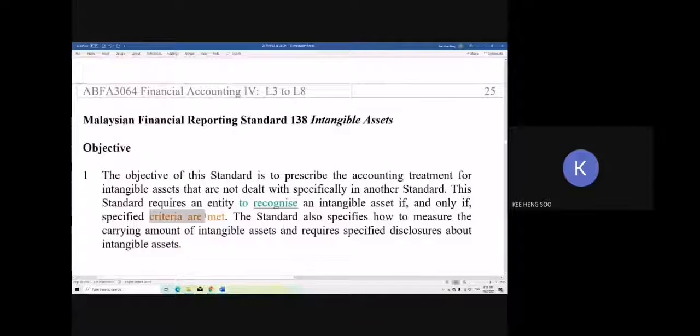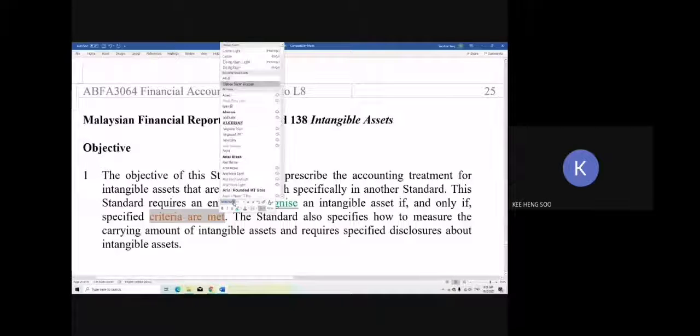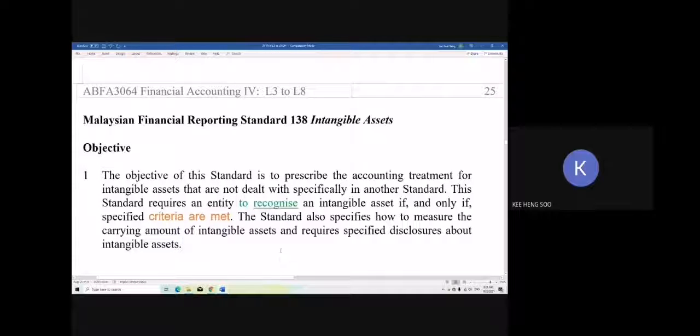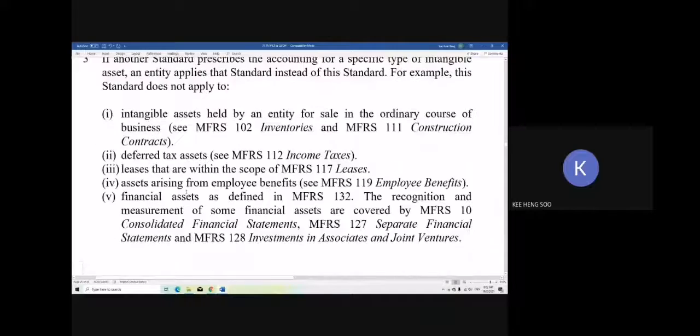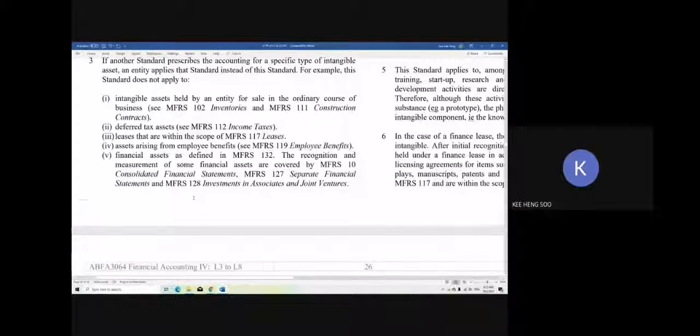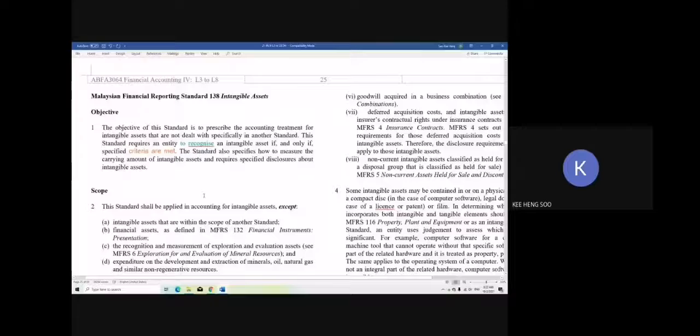You have to make sure that the criteria are met. We recognize the intangible asset only if the criteria are met: criteria 1, 2, 3, 4, 5. Later on, we're going to talk about paragraph 57. The rest you can read yourself, not important.